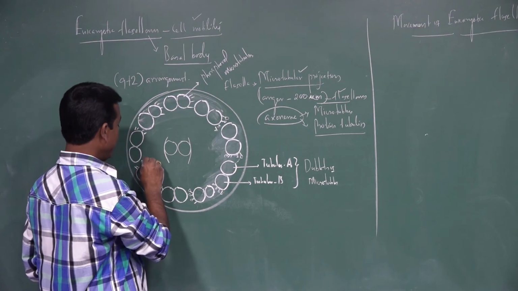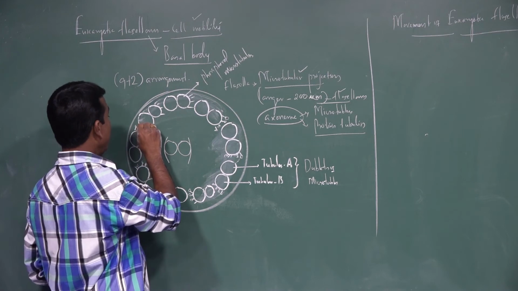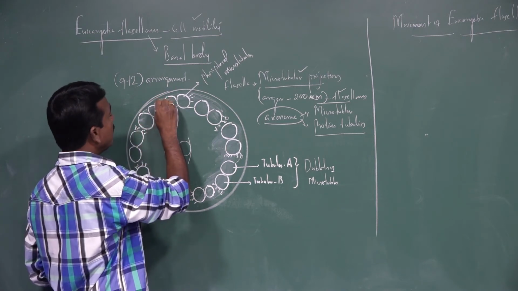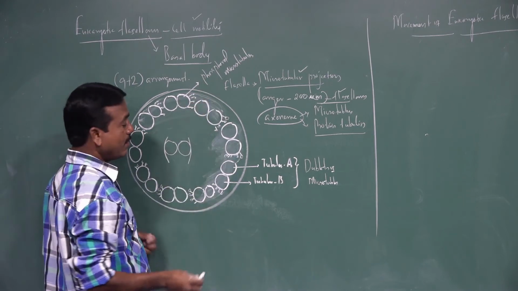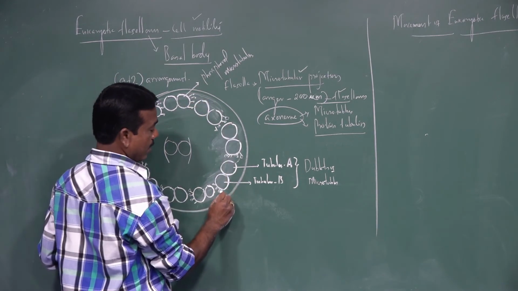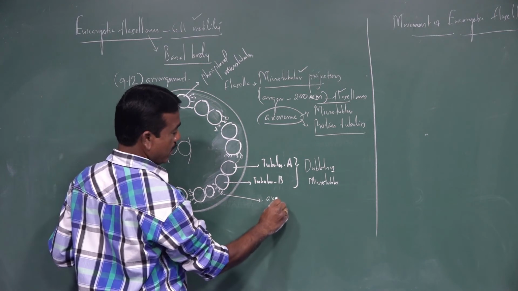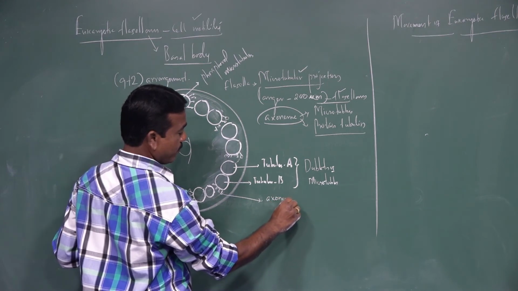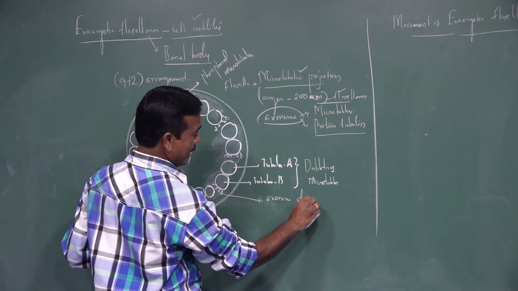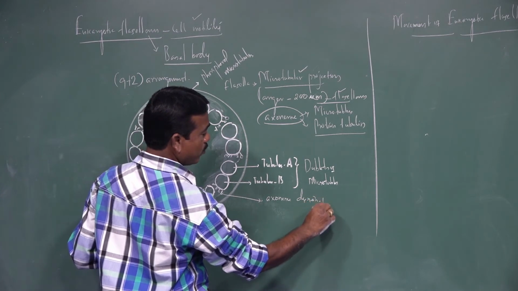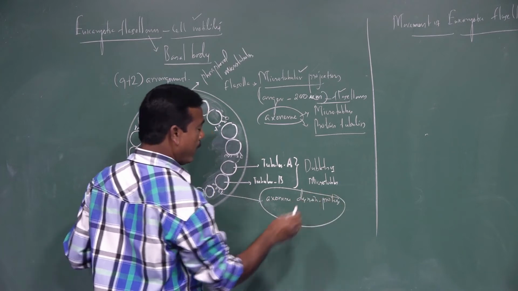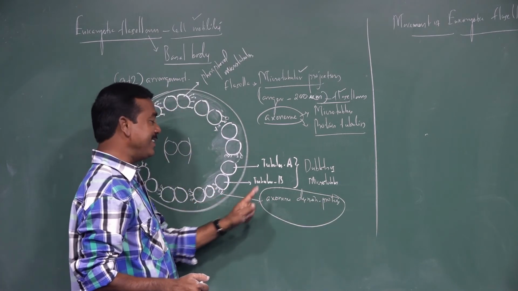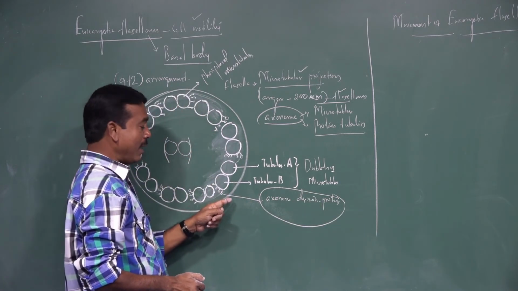The peripheral microtubules have axonemal dynein, which is a protein compound. What is the vital role of axonemal dynein in the periphery?